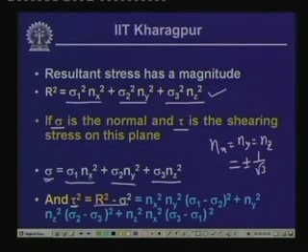So, if we substitute the value of n x, n y, n z in this expression, we can get the value of octahedral stress, the normal stress on the octahedral plane, which is equals to sigma 1 plus sigma 2 plus sigma 3 divided by 3. And likewise, the tau square is going to be equals to 1/9 of sigma 1 minus sigma 2 square plus 1/9 of sigma 2 minus sigma 3 square plus 1/9 of sigma 3 minus sigma 1 square.